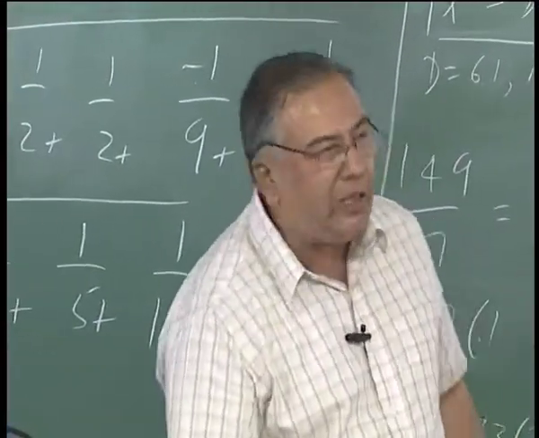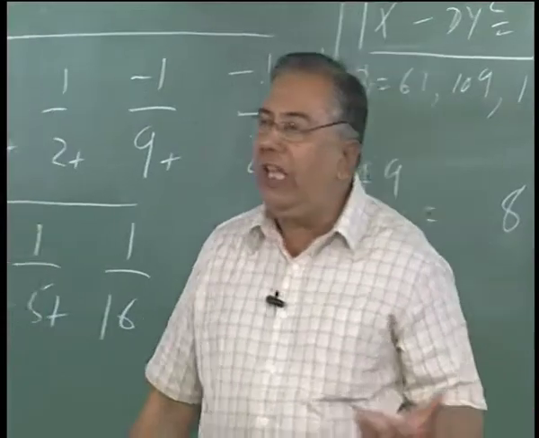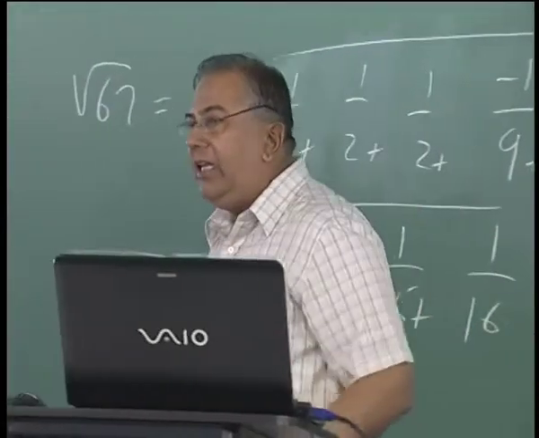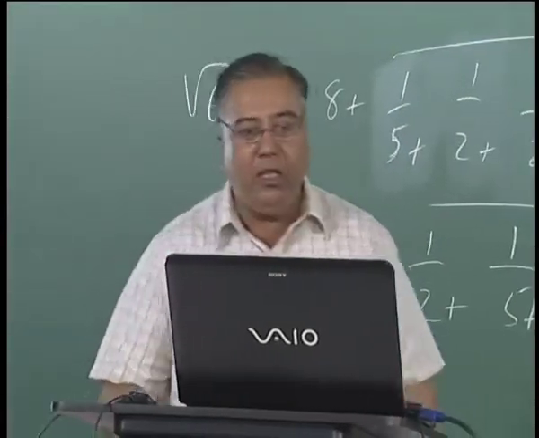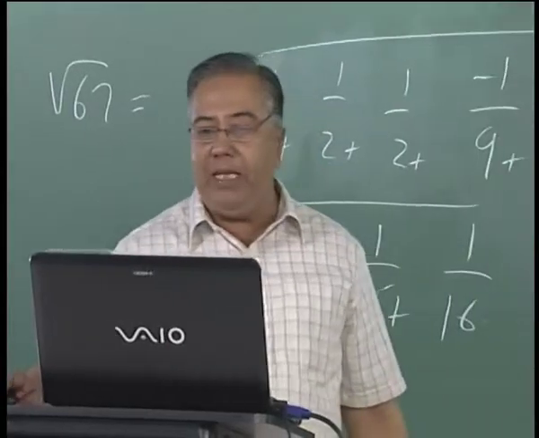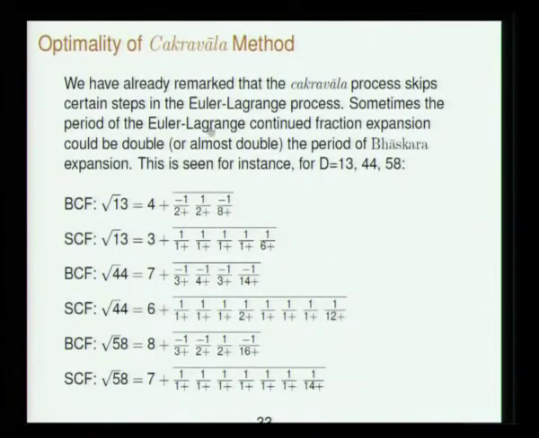Whenever you have an algorithm, one of the important things you want to see is whether you are doing it in the minimal number of steps. And it happens in many cases that the period of the Euler-Lagrange continued fraction can be double or almost double the period of the Bhaskara. I have given 5 cases. Here is a case where the period is 3 for Bhaskara, and 5 in the case of Euler-Lagrange.